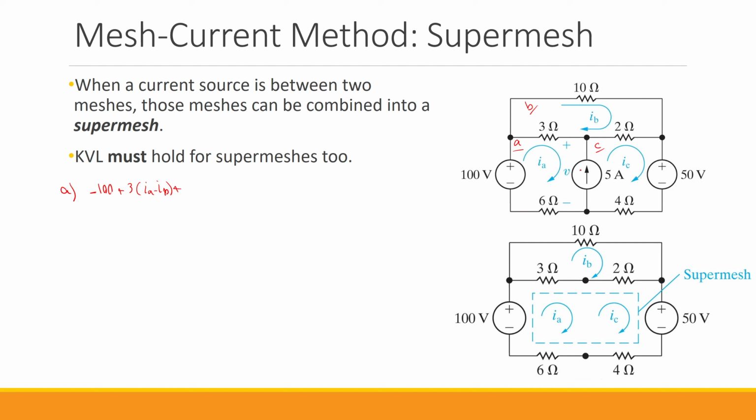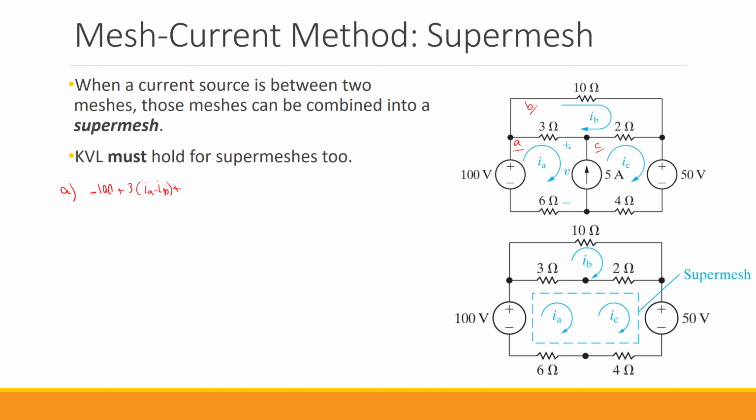Then we get to this independent current source. If you remember from the earlier lectures, we said that for current sources, we don't know the voltage across them until everything in the circuit is solved.